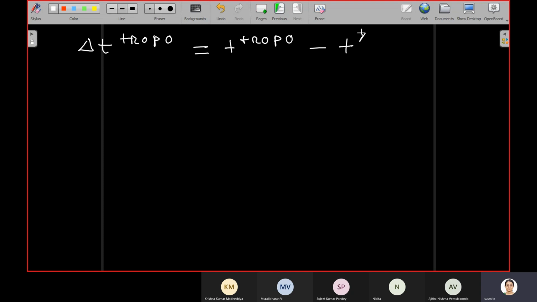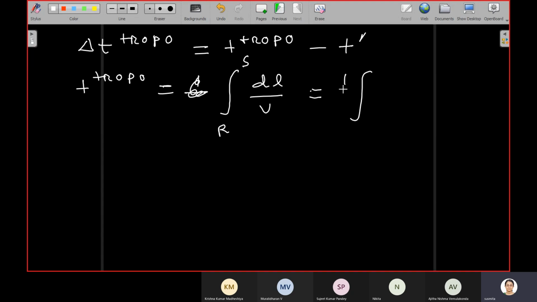So this is the travel time had there been no atmosphere, if the signal had traveled through a vacuum along the entire path, and then this is the travel time through the troposphere, dl by v, and then we need to substitute for v.